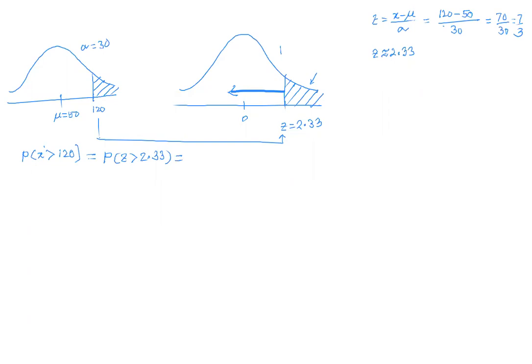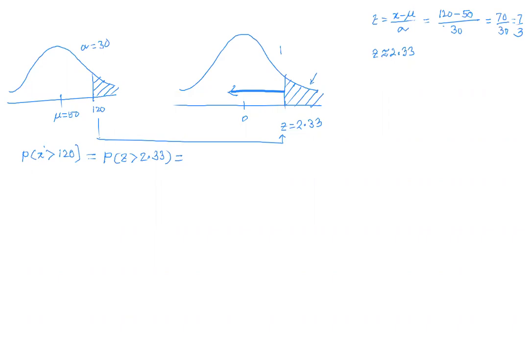Again, volunteer. How do I find the area to the right? Anybody? You subtract the z-score that you got from 1. Exactly. Thank you, Jessica.